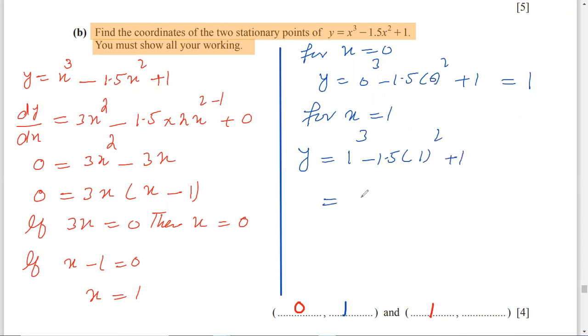By simplification, it is 1 minus 1.5 plus 1, and that is 2 minus 1.5. So finally 0.5. So the y coordinate of the second stationary point is 0.5. In this way, part B is completed.